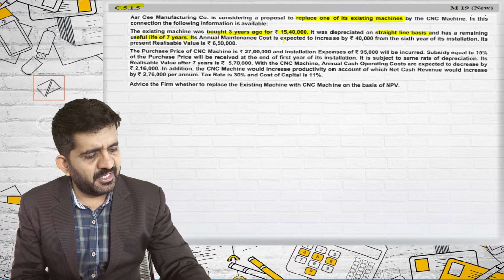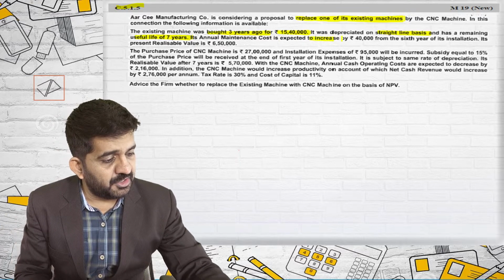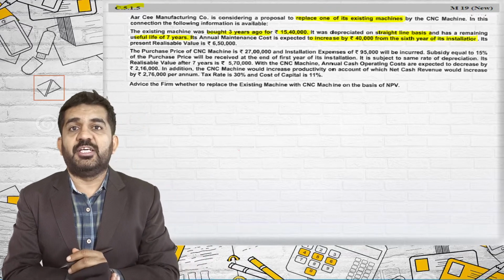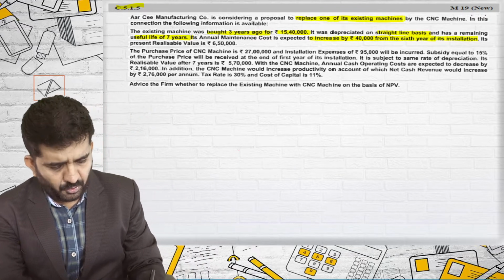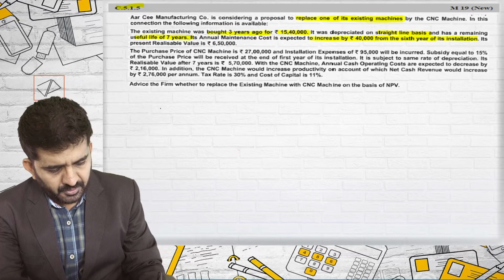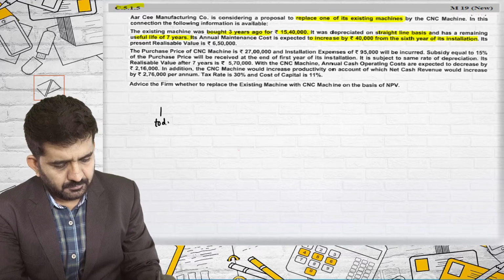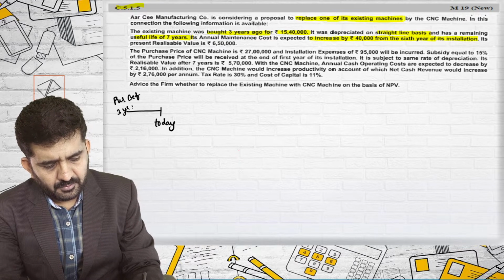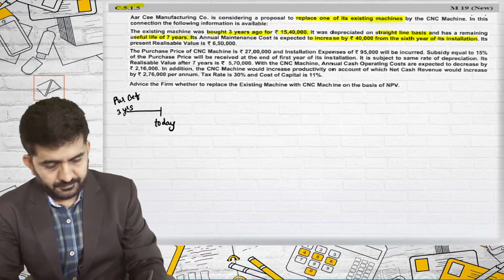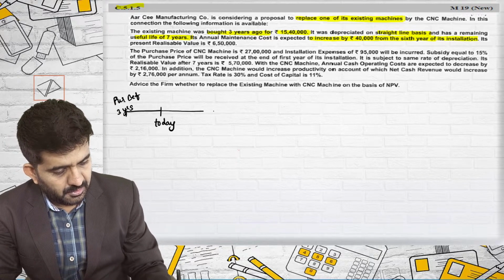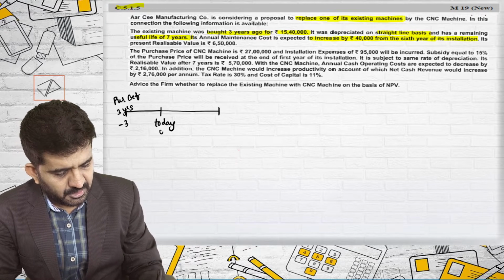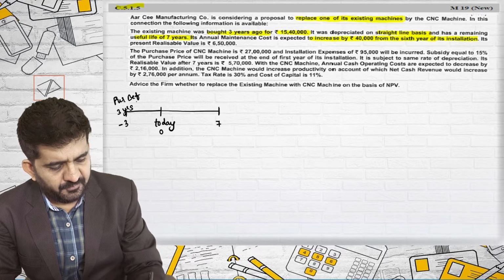Its annual maintenance cost is expected to increase by 40,000 from 6th year of its installation. Try to concentrate. I'm drawing a number line for old machine. This is today. It was purchased before 3 years, this is -3. This is today. Useful life of 7.